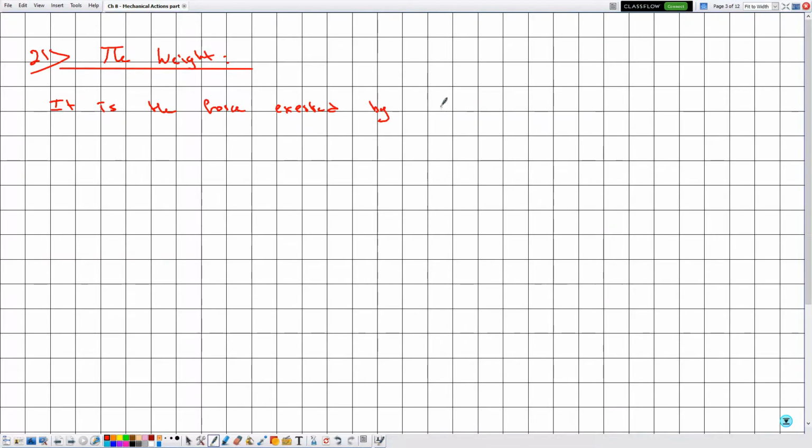by Earth on another object. This force is called the force of gravity of the Earth.